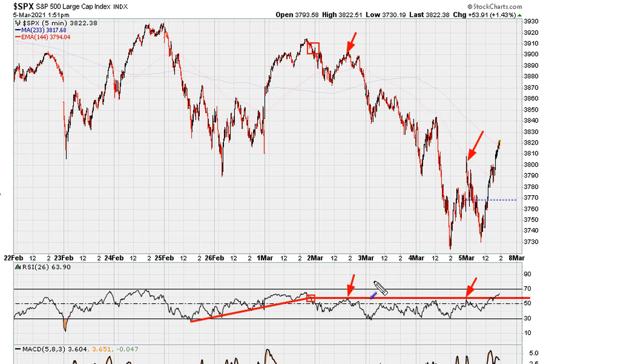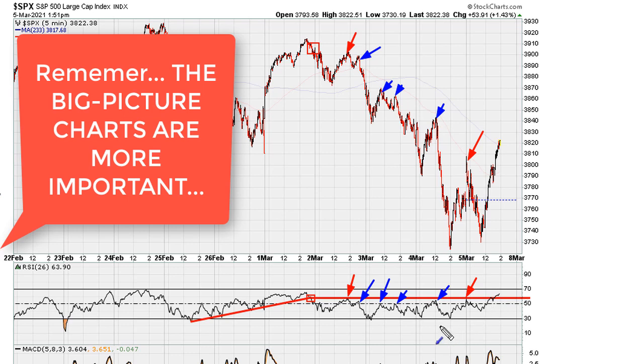You can also note RSI 50 rejection has been a good trigger for movement lower. And again, this is a 5-minute chart, so small time frame. In a sense, we don't really care about this, but this is just a good educational area on this chart to show you what is playing out.